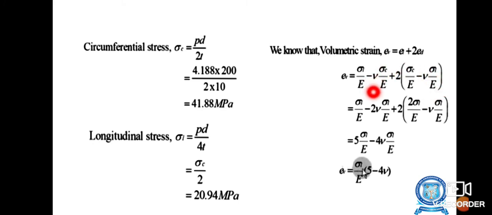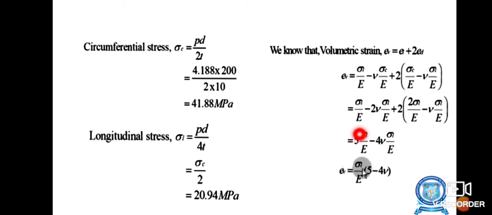We have simplified that formula. We have applied sigma C is equal to sigma L, so in this equation all the sigma C will be changed to sigma L. What happened? Sigma L by E minus 2 mu sigma L divided by E plus 2 sigma L divided by E minus mu sigma L divided by E. So we have simplified that equation.